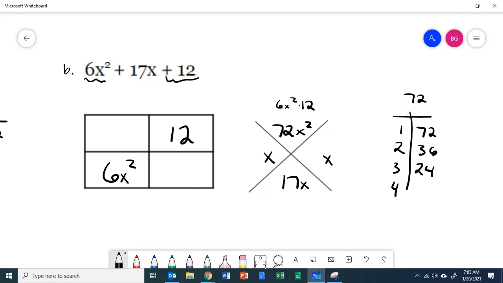So try 4. You've got to know, this is where knowing your multiplication facts comes in really handy here. So 4 would be 72 divided by 4, that's going to be 18. That one's closer, but we're still not to 17 yet because 4 plus 18 isn't 17. 5 isn't going to work, so try 6. 6 would be 12, that doesn't work.